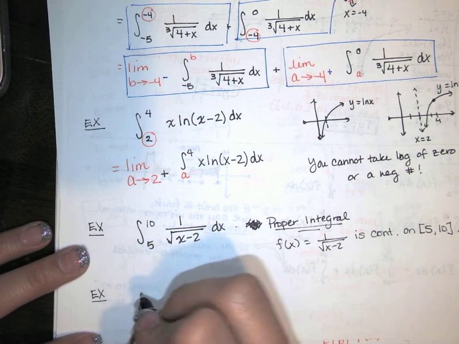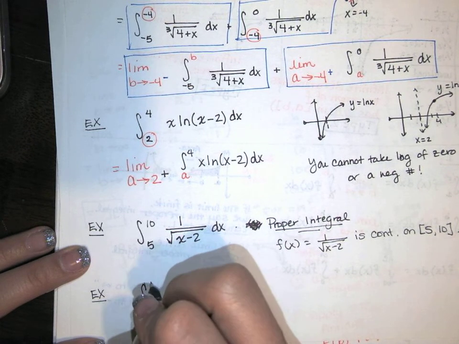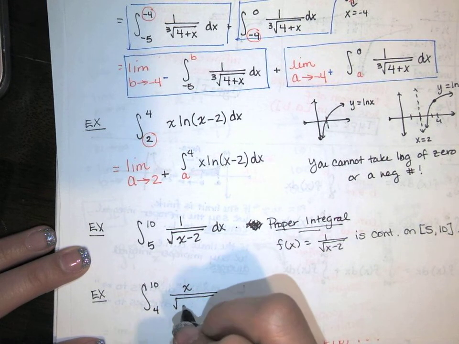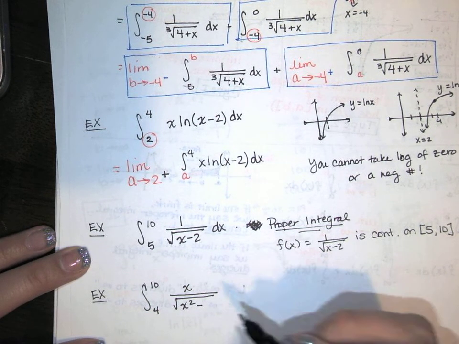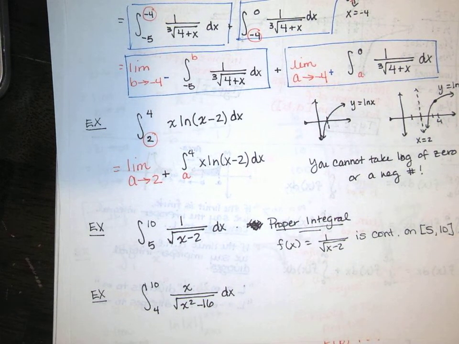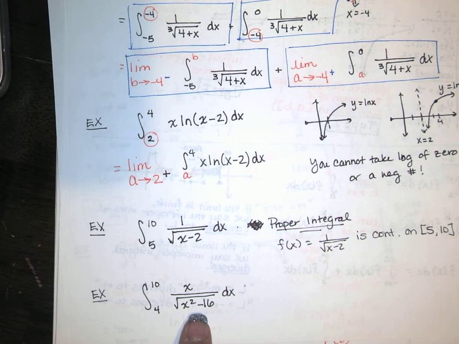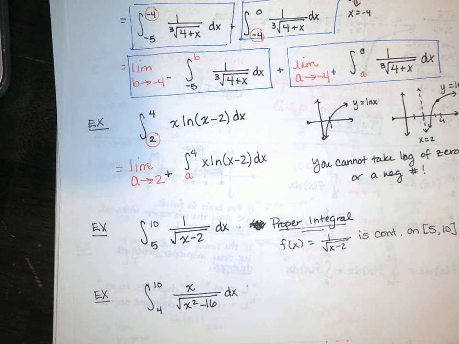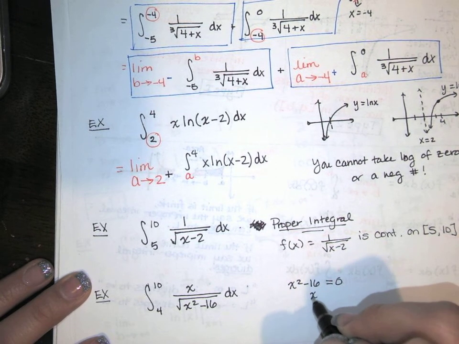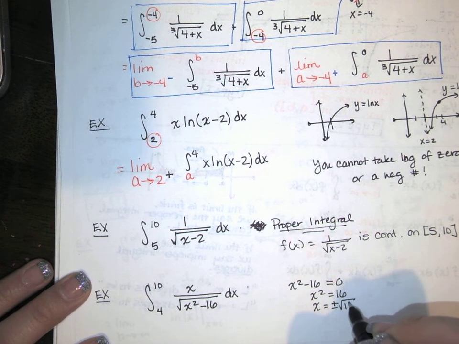Here's another one you might see. Something like that. When is this one undefined? Well, I'm going to have a problem if x squared minus 16 is equal to 0. So I'm going to set that equal to 0 and solve for x by adding 16 to both sides and then taking the plus or minus square root of 16.